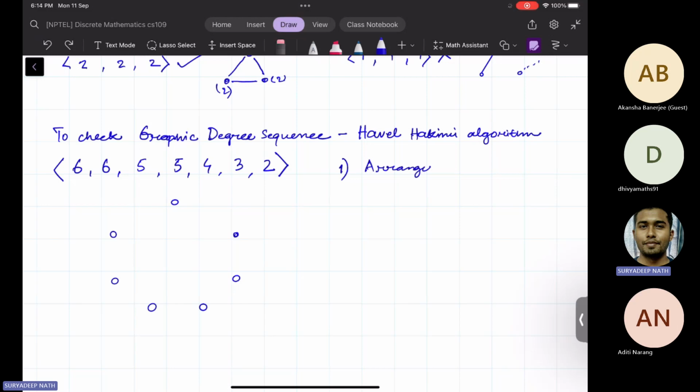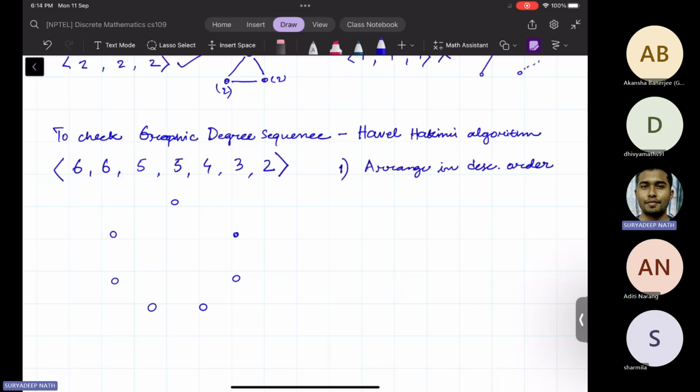Now the first step is to arrange the sequence in descending order. Remember that the degree sequence itself need not be in any order, but for the Havel Hakimi algorithm to work, we have to cast it in descending order. It's already given in descending order, so we don't have to do anything.